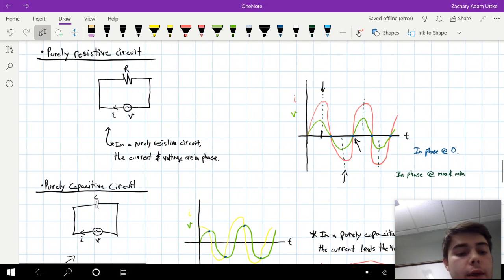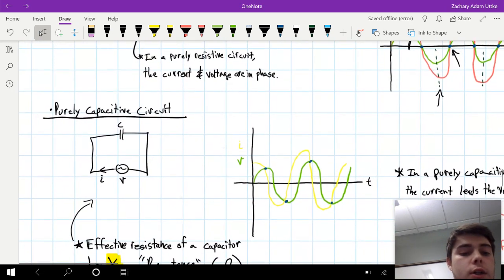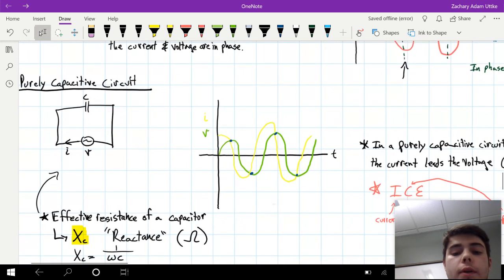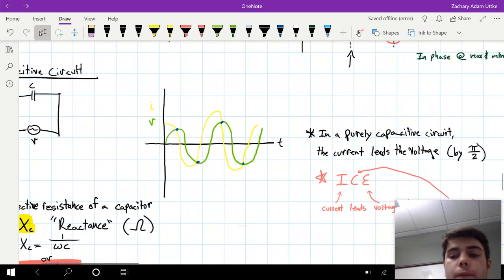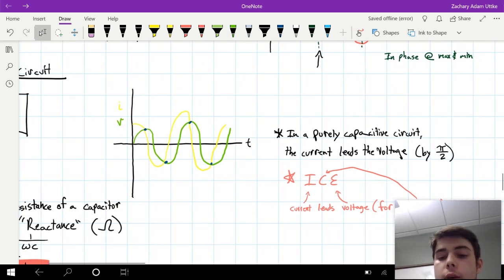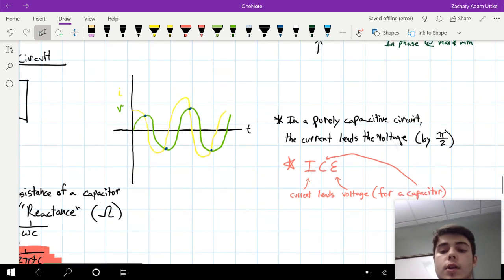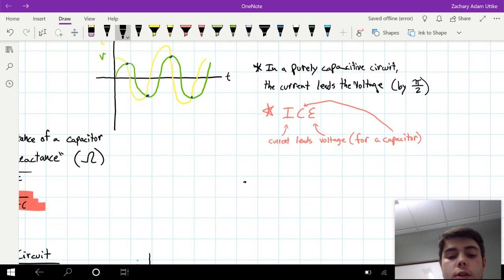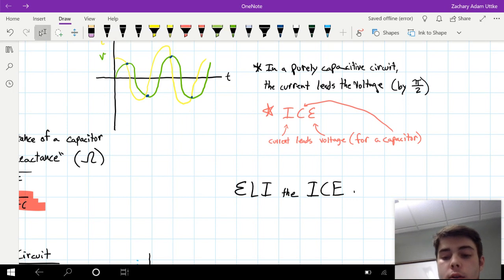And when we compare that to a circuit with just a capacitor, something is different. So in a purely capacitive circuit, the current leads the voltage. So there's actually a trick to kind of remember this, and it's called Eli the Ice Man.